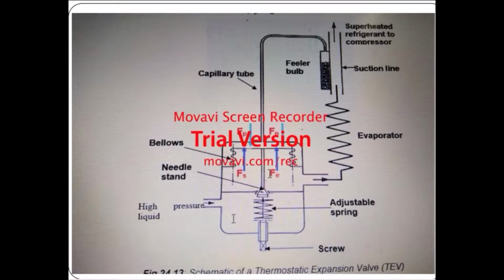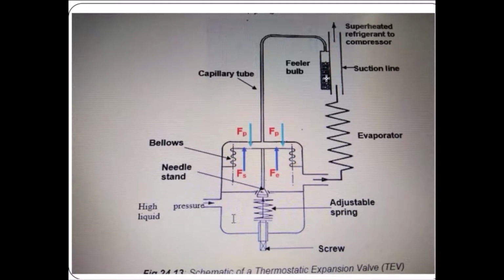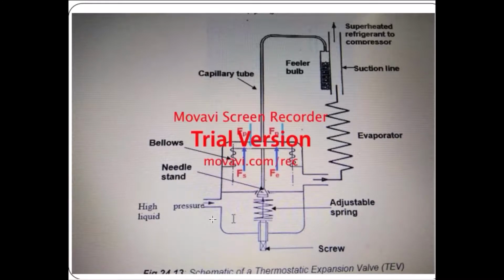Okay, this one. The figure illustrates how the expansion valve works by using thermal condition. We check first which one is the input. This side is the input from the condenser, and then this one is the output into the evaporator.